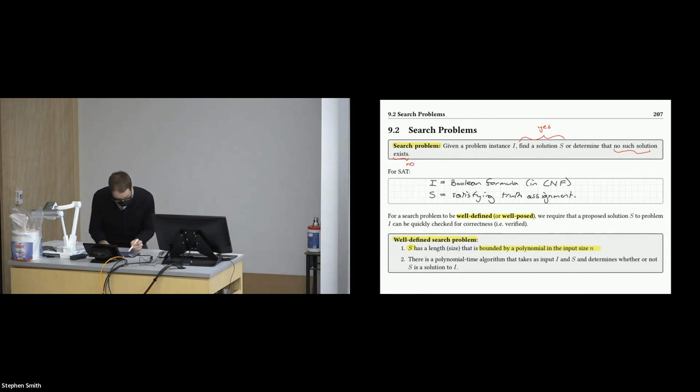And the second is that there's a polynomial time algorithm that takes as input the instance and the solution and determines whether or not S is a solution to I.